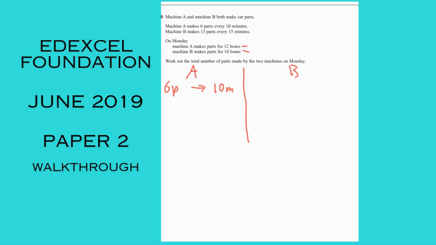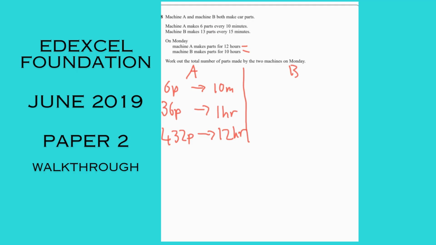As you can see, working in hours. So let's turn the 10 minutes into an hour. That's a multiplier of 6. So it would make 36 parts. But it's actually on the go for 12 hours. So multiply by 12. That's 432 parts in the 12 hours it's working.